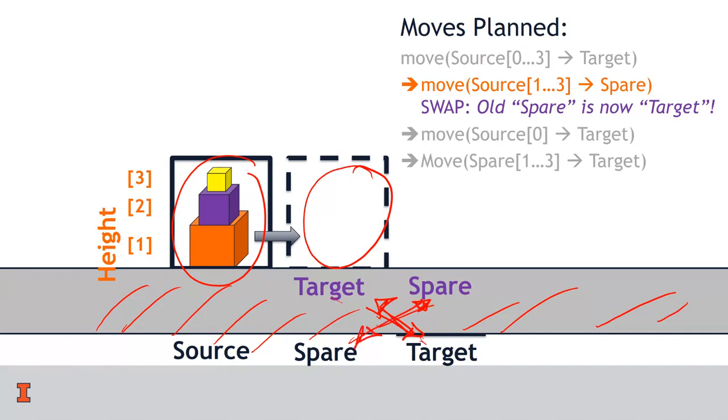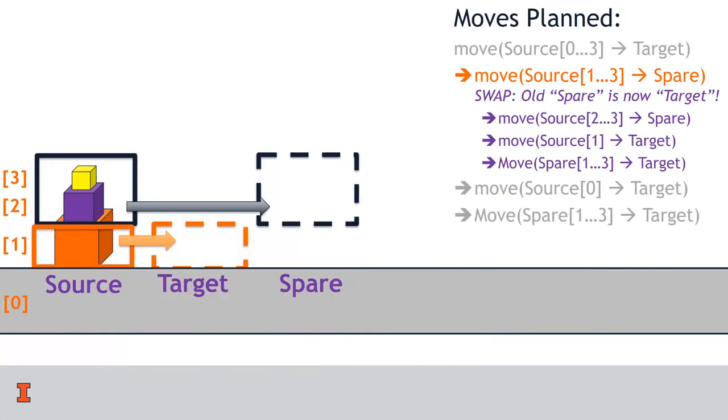Which stack we call the target and which stack we call the spare is entirely dependent on what round or what height we're on. And we know that the process of converting the stack of 3 from a source to the target involves 3 different substeps: moving this tower of 2 over to the spare, moving this last element to the target, and then moving this tower of 2 back on top of the target.